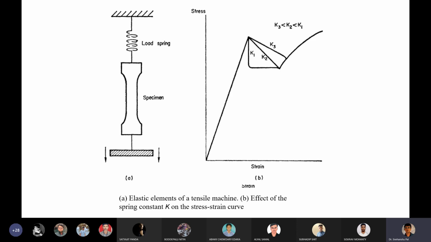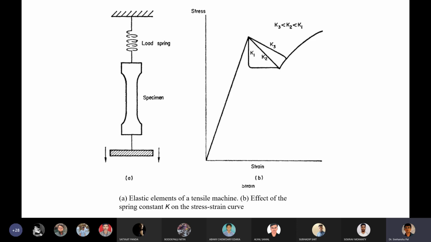Here also you can see in the picture the effect of spring constant K on the stress strain plot, or the elastic elements of the tensile machine, how the spring is loaded, and based on the different spring constant, the stress strain plot just in the area of yield point is going to change.